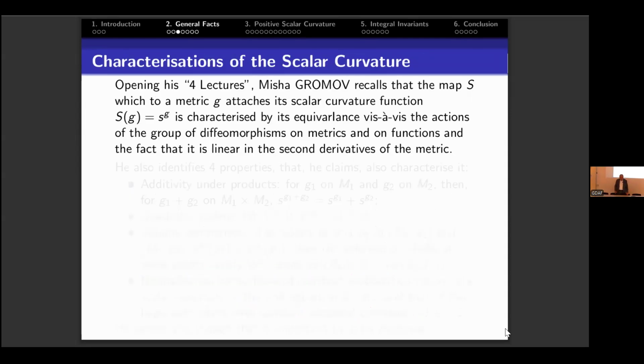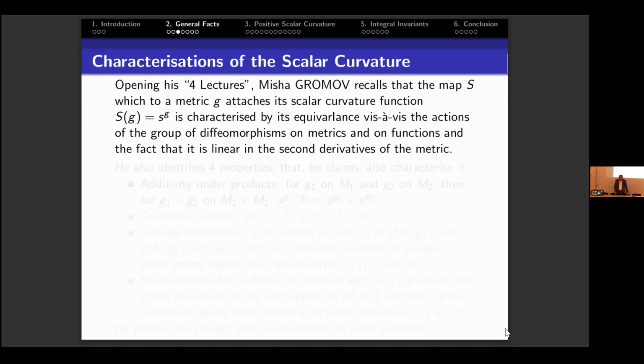And it's interesting that several people have tried, but actually the most recent one is Mikhail Gromov, to have some kind of axiomatic characterization of the scalar curvature. So he proposes the following characterizations through a number of quantities.